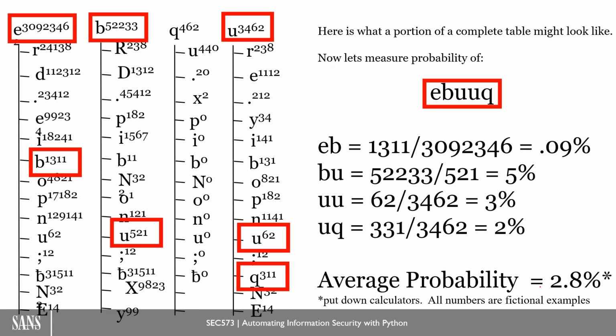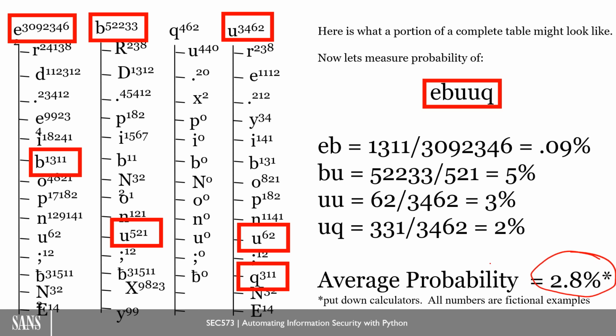So its average probability comes out to be much, much lower, 2.8%. So this technique turned out to be pretty good for identifying these random characters inside of these DGA-based domains. And it's been integrated into several platforms. We'll talk about those in the future.